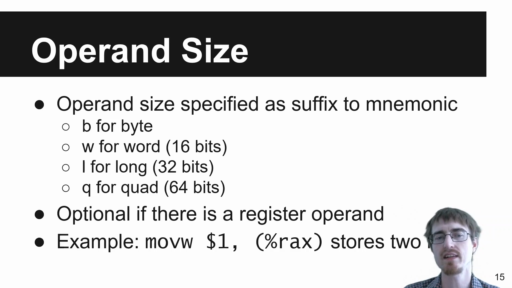Well, in AT&T syntax we do this using a suffix to the mnemonic. So if we add a B to the mnemonic at the end, it means that any memory reference in there will reference a single byte. The W means it references a word, or 16 bits. The L means it references a long, or 32 bits. And finally, Q stands for quad word, so that is 64 bits, the entire machine word.